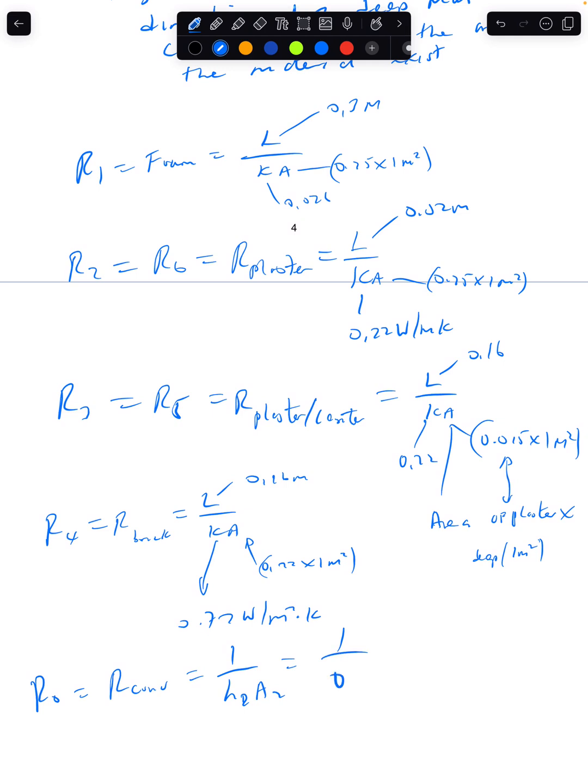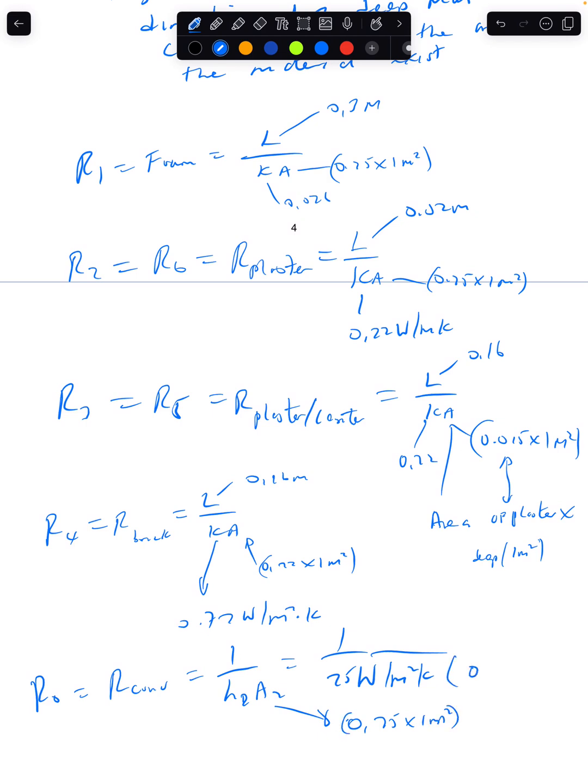And that convection coefficient is given as what? 25 W per meter square Kelvin, and the area for that is equal to what? 0.25 times 1 meter square.